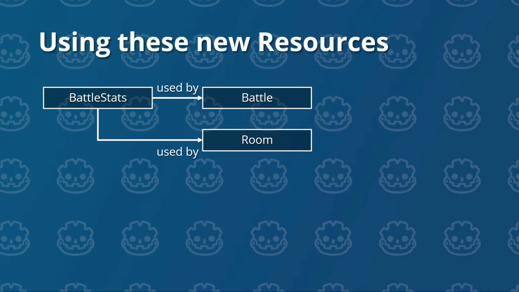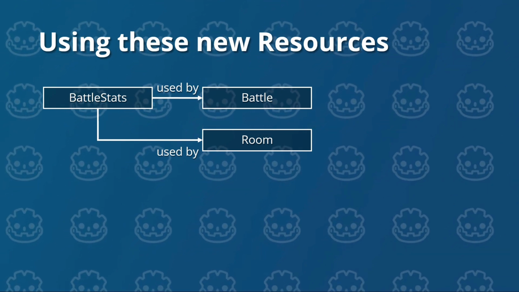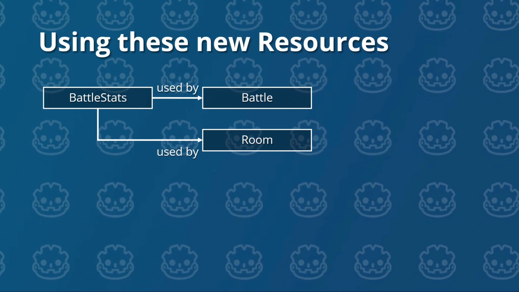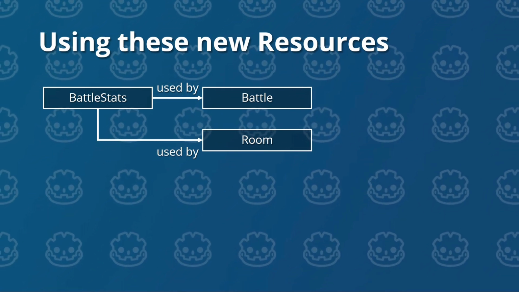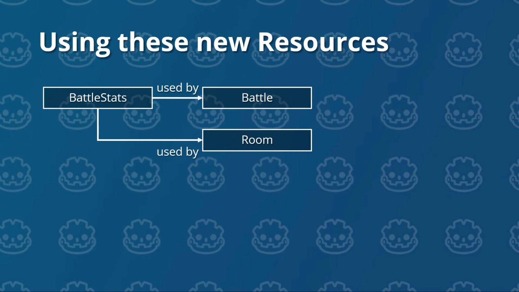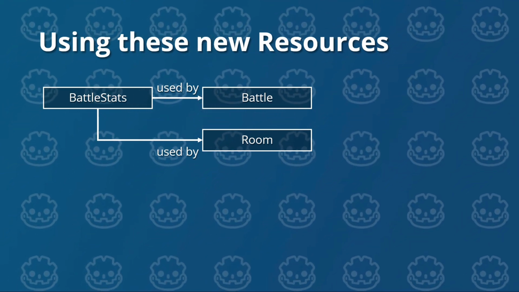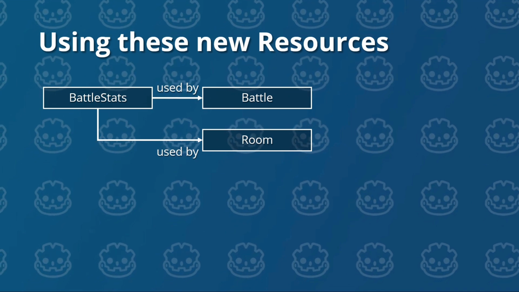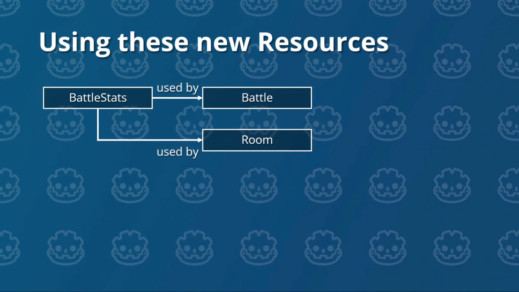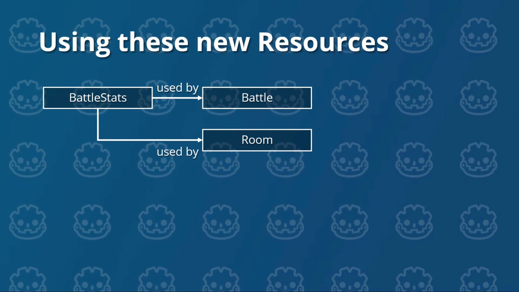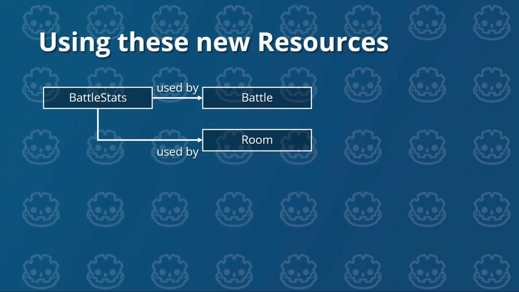The other place where we use this is the room resource, which, if you remember, is used for map generation, right? So the room resource will have a BattleStats property, because when we generate monster or boss rooms, we don't just need to store all the data we store right now, like the grid position, the type, and so on. We also need to assign a BattleStats resource to monster and boss type rooms.